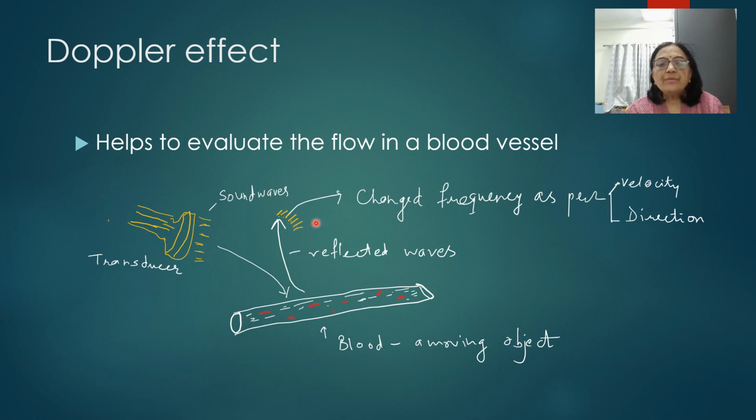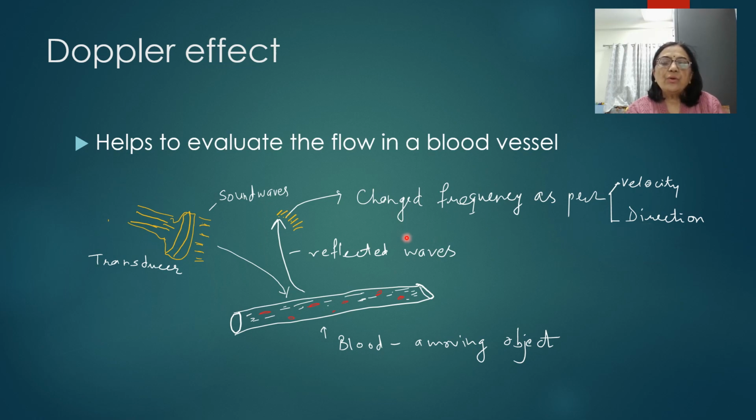Now, these reflected waves have a changed frequency as compared to the original waves. And this change in frequency is dependent on the velocity of the moving object and the direction of the moving object. In other words, the velocity of the blood and the direction of the blood flow.